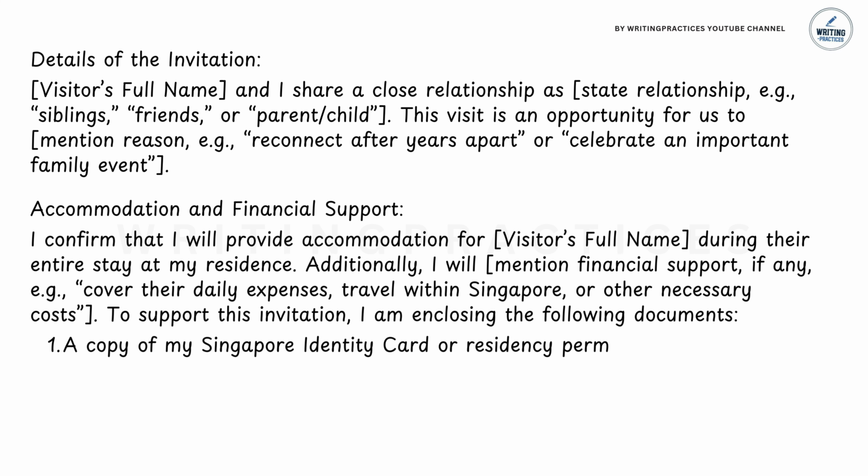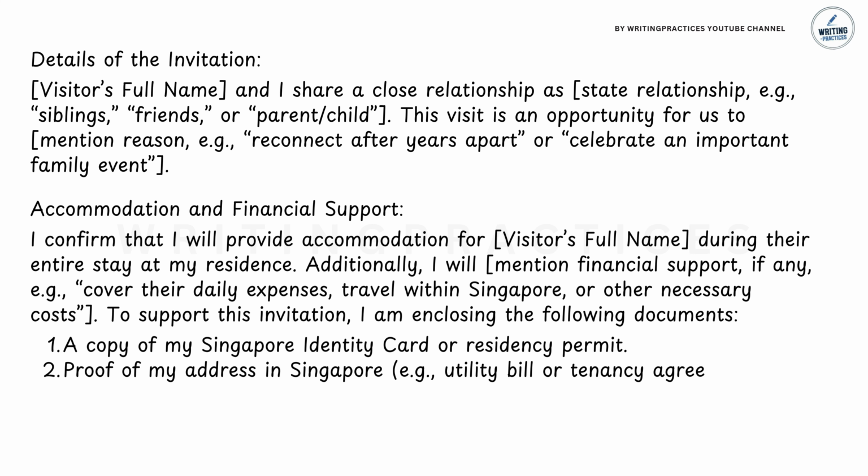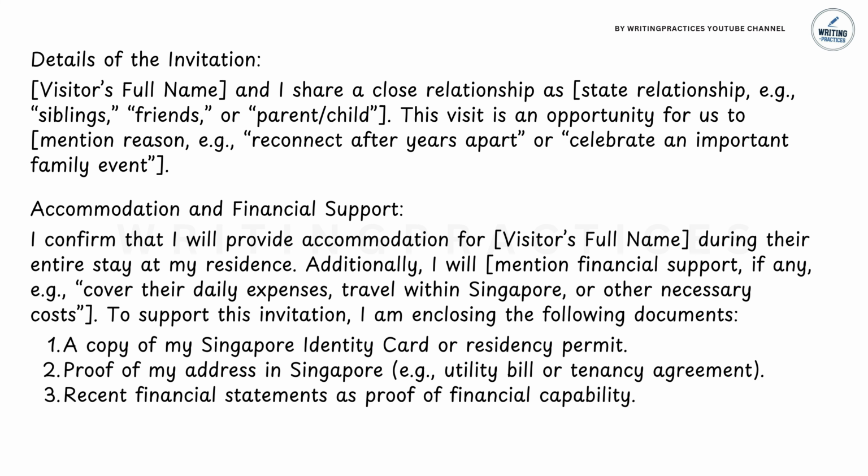To support this invitation, I am enclosing the following documents. 1. A copy of my Singapore identity card. 2. Proof of my address in Singapore, utility bill. 3. Recent financial statements as proof of financial capability. This reassures the visa officer that you are prepared to take responsibility for your guest's stay.